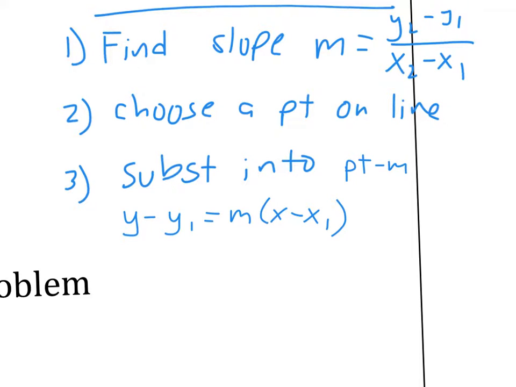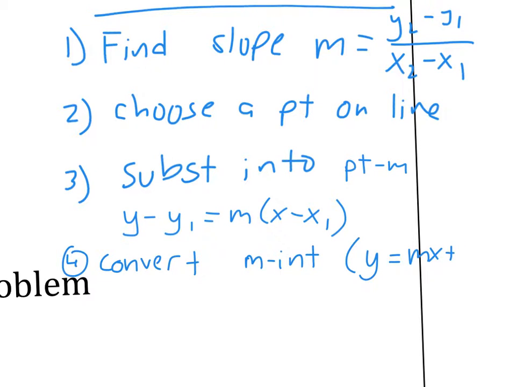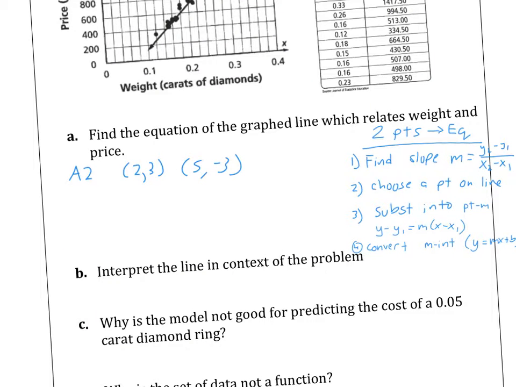It's sort of a crazy name because the reason it's called point slope is because you have a point and a slope. And the last thing to do generally is we're probably going to convert this most likely to slope-intercept form, y equals mx plus b. All right, so we've got these 4 steps that we're going to do.